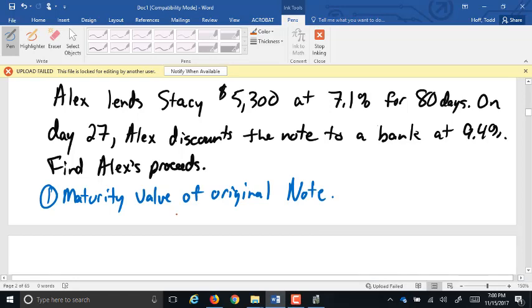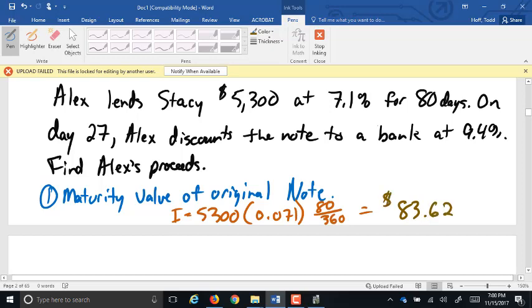So the maturity value of the original note, our interest will be 5,300 times 0.071 times 80 over 360, which is $83.62, which gives us then a maturity value. Perfect.